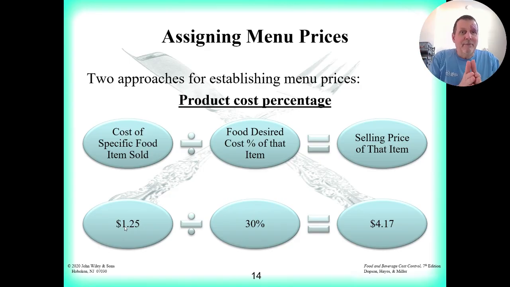However, if I know that I want a specific food cost percentage, in the industry we would usually want to keep it around 30, 31, 32, 33, 34, right around there.